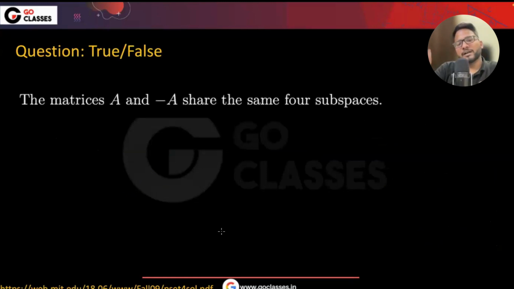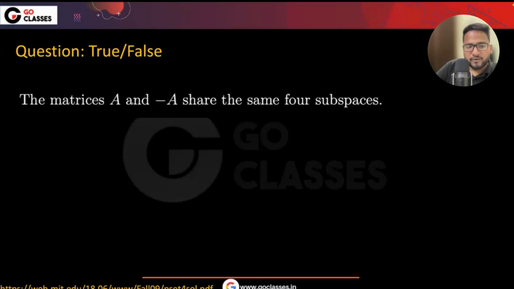Now they are saying the matrices A and minus A share the same four subspaces. What do you think? It seems to be true, right? It is true actually, because whatever is the column space of this, you just need to multiply by the minus there. That is the same.